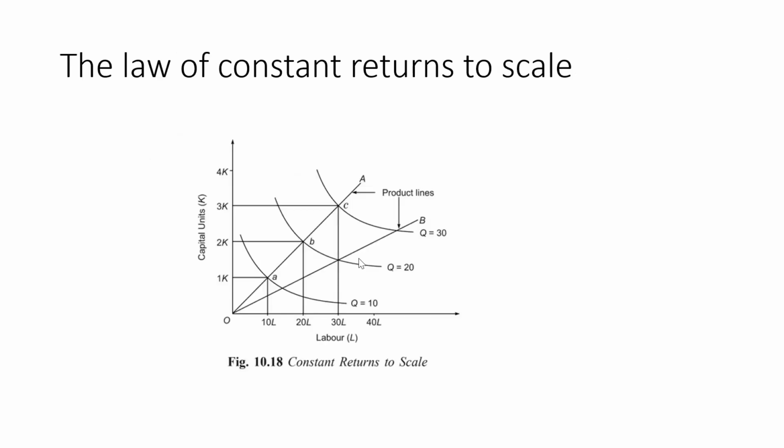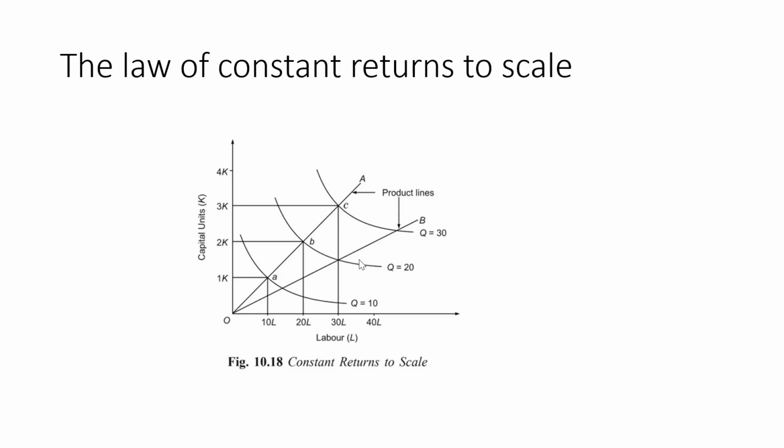Moving on to constant returns to scale. Output here increases in proportion to the increase in inputs. If, for example, we double the inputs, capital and labor, the level of output is also doubled.